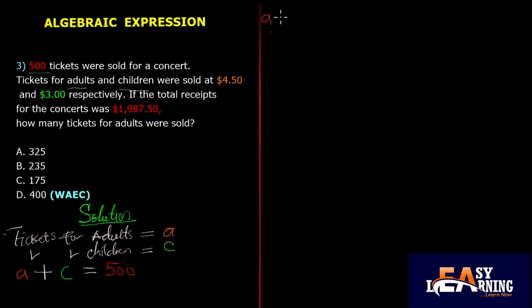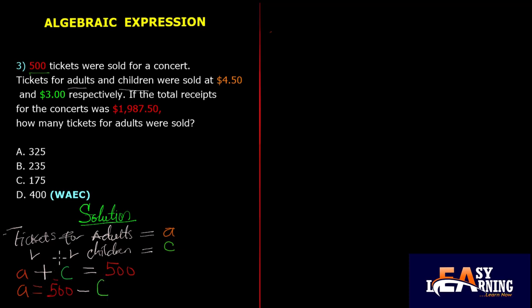Let's write it underneath so we can understand it properly. So it means A is equal to total tickets, that's 500, minus the tickets for children, that is letter C. That will give us the number of tickets for adults.